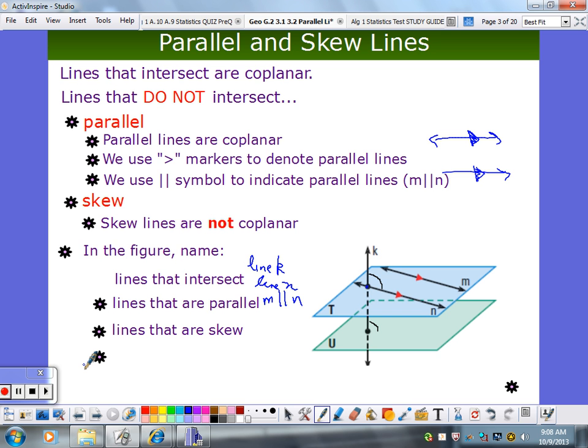Now we have lines that are skew, right? They're not parallel. Line K and line M. So look, this one's going this way, this one's going this way. Will they ever intersect? Are they parallel? Are they coplanar? No. So our skew lines are K and M. How about planes that are parallel?